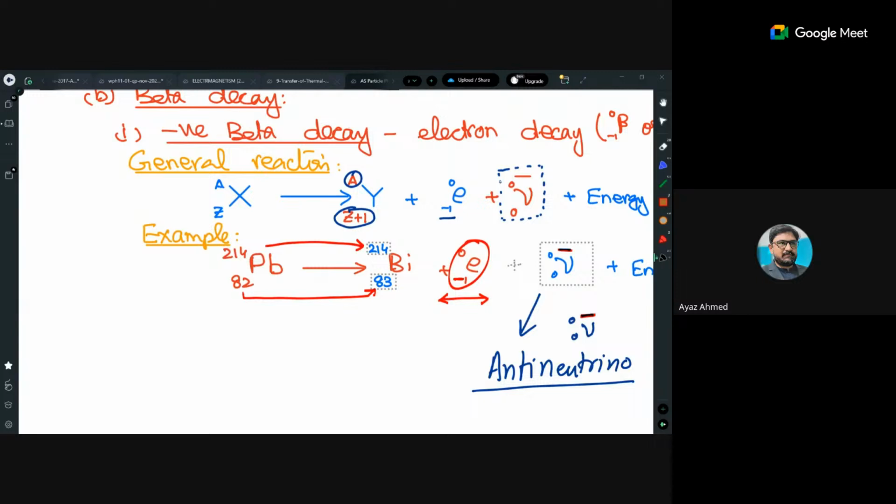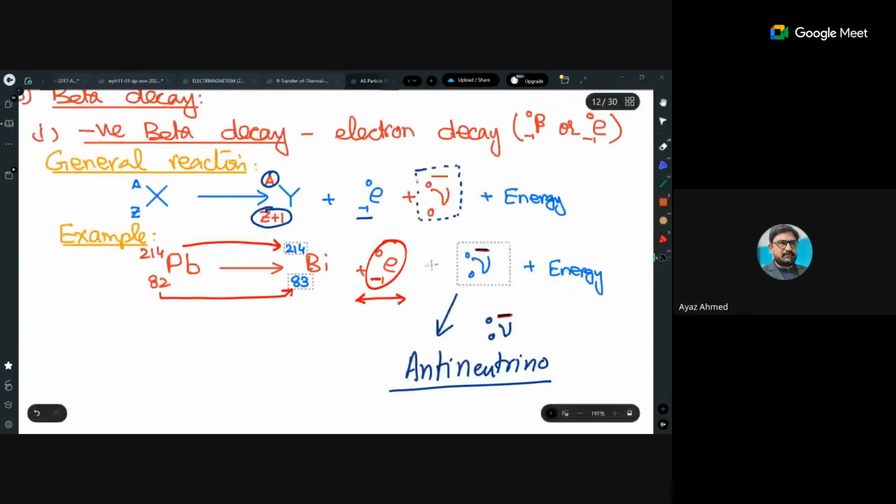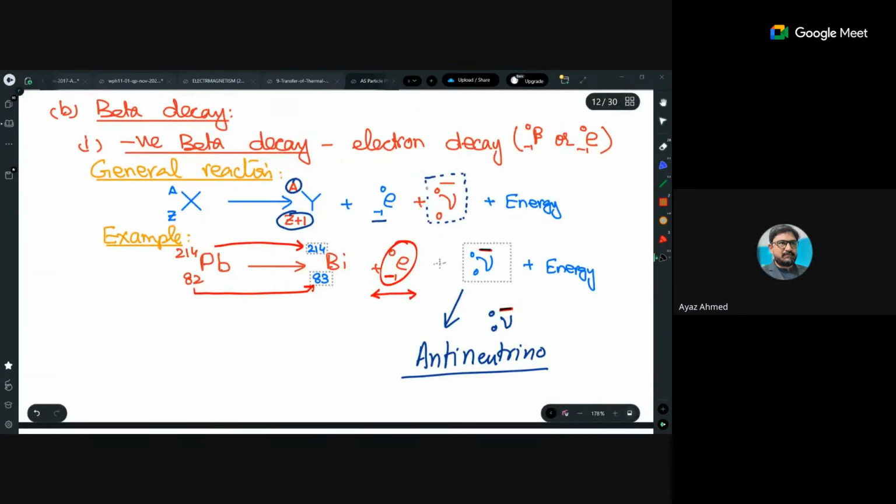That is the lepton family. We have not yet discussed it, so I'm not going to drag you there, but when I go back to the subatomic particles, I will discuss that in detail.